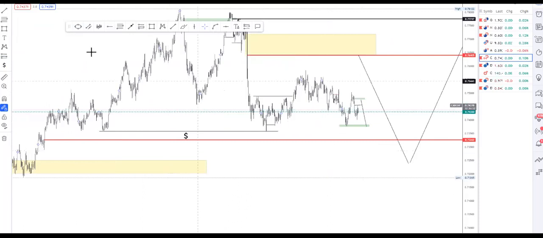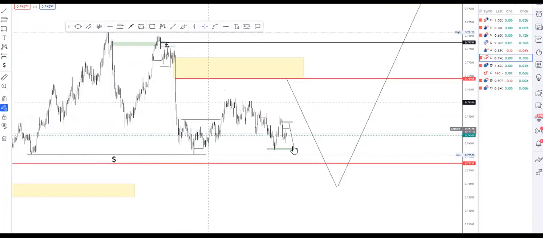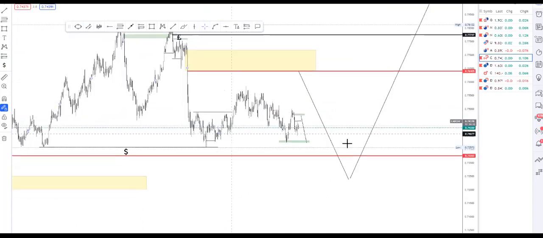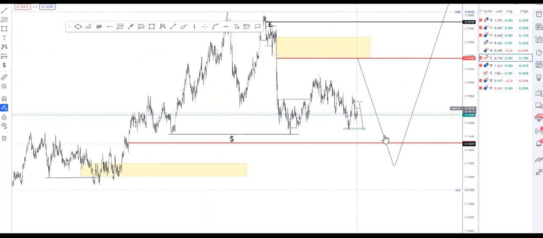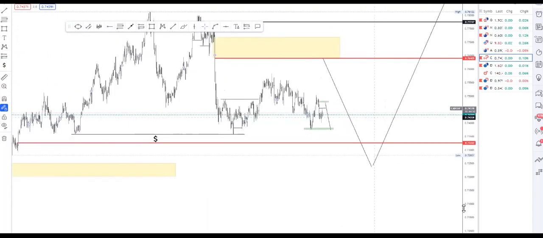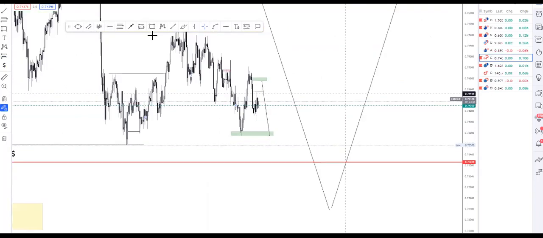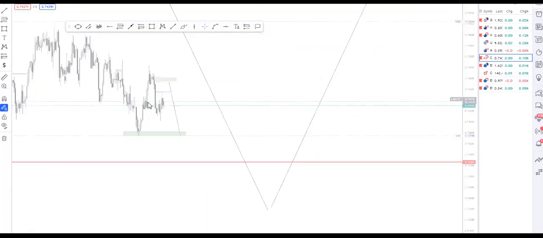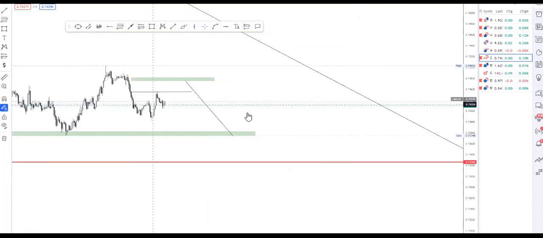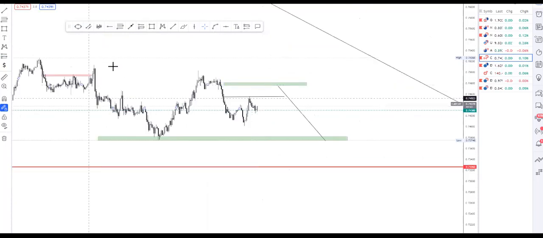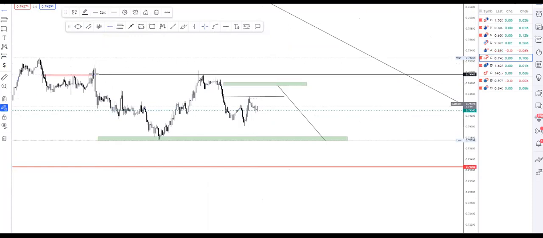So right here for CAD-CHF, I have price doing its thing right here. I would love price to come down to this point for me to buy. But if we should zoom into the chart to look for intraday setups, then right here, price, oh wow, I just have 10 minutes.